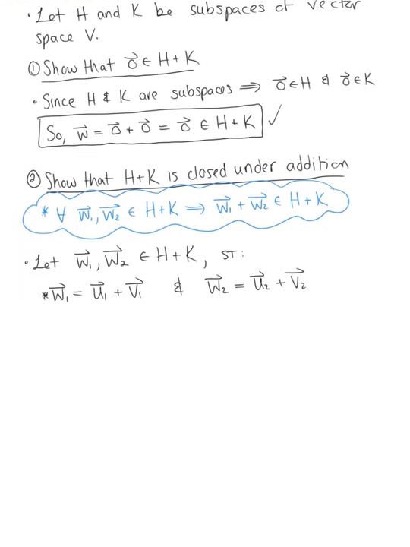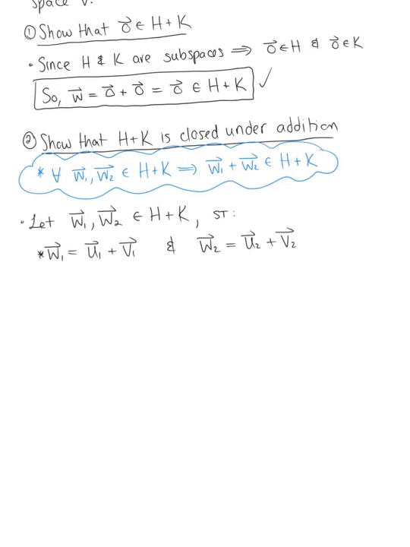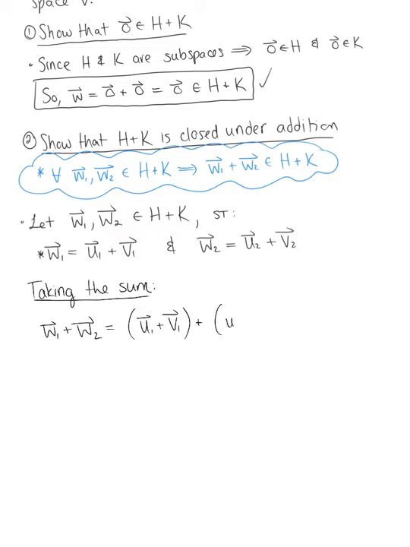And we'll give ourselves more room here. So then taking the sum, we have vector W sub 1 plus vector W sub 2 is equal to vector U sub 1 plus vector V sub 1 plus vector U sub 2 plus vector V sub 2.